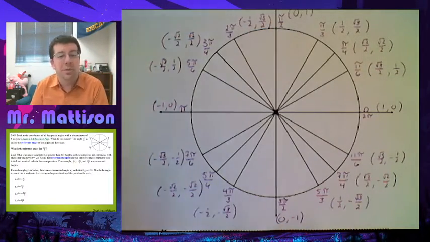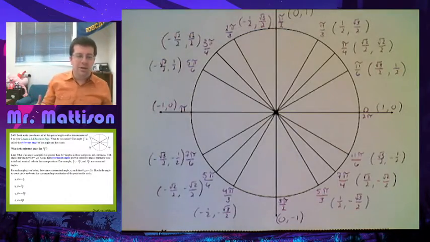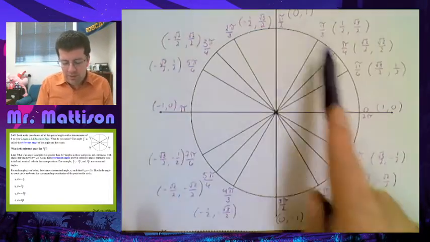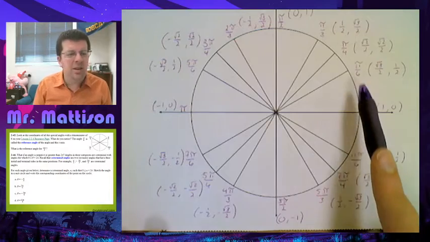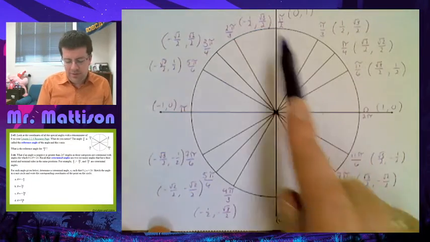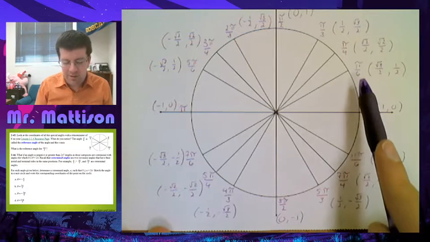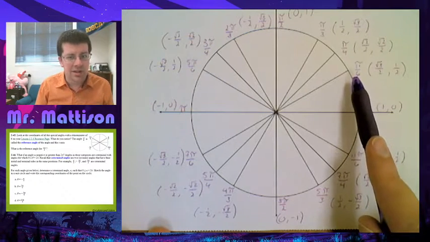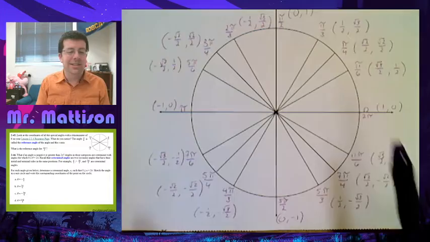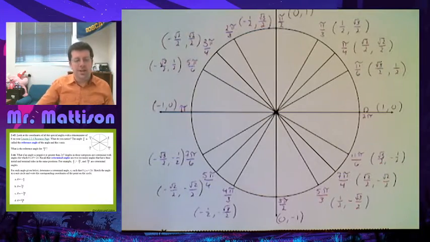So those are coterminal. Another way that we could do it is we could go one full circle and then a little bit more. So one full circle would be 12 pi over 6, plus one more pi over 6 is 13 pi over 6, which has that same coterminal angle once again.